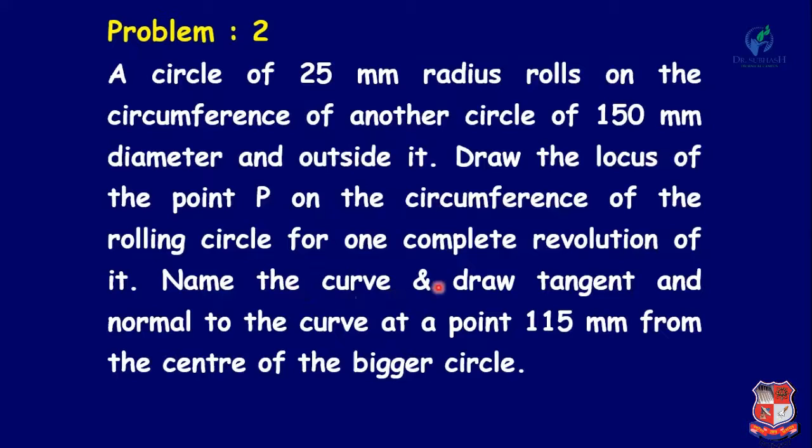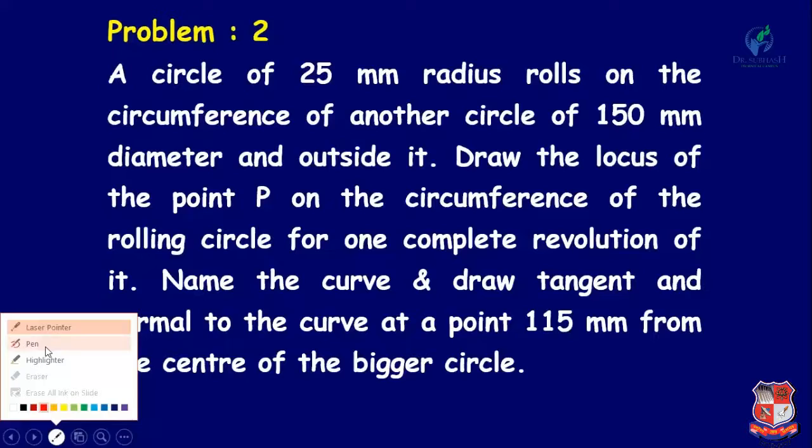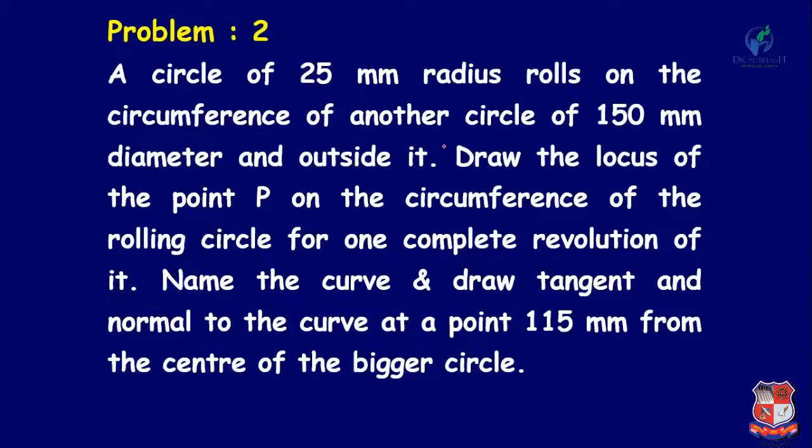Name the curve and draw tangent and normal to the curve at a point 115 mm from the center of the bigger circle. Now you know that here the circle is rolling over another circle and outside it.